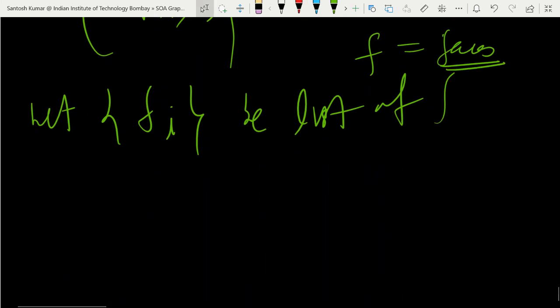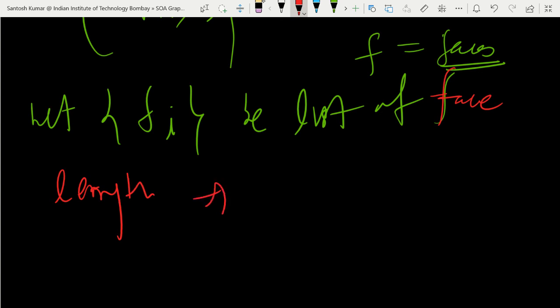So what I want, let it be the list of face lengths. So I'm taking face lengths, L(F_i) we can also write. I'm just using f_i. So you had the result: 2 times the number of edges is equal to the sum of L(F_i), you remember this.